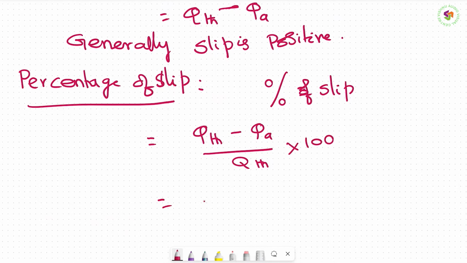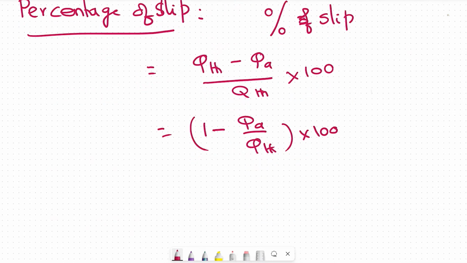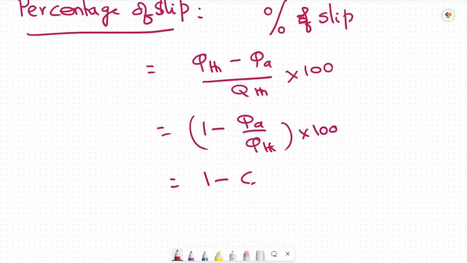So it can be written as (1 minus Q actual by Q theoretical) into 100. This can also be written as (1 minus CD) into 100. This is the percentage of slip.